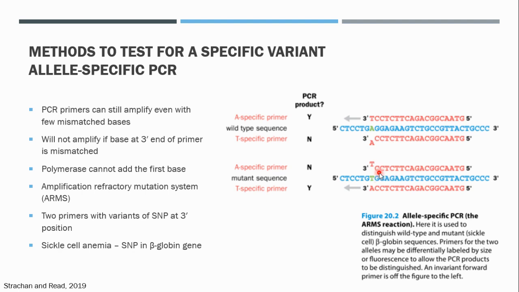So this primer, for example, will not result in amplification of a mutant sequence, but will result in amplification of the wild type sequence, whereas this primer at the bottom with the A will result in amplification of the mutant sequence, but will not result in amplification of the wild type sequence. And in this way, allele-specific PCR can be used to differentiate between patients with a SNP variant.